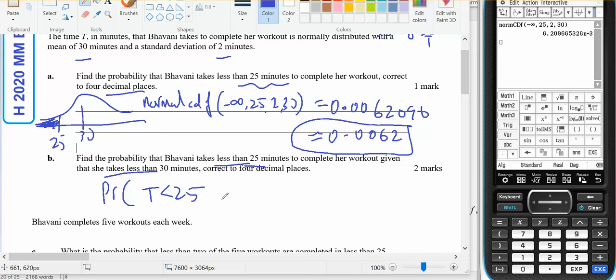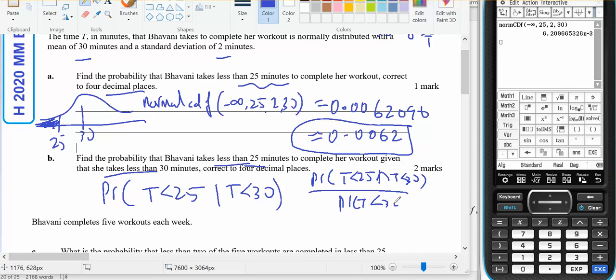Okay, part 2. Find the probability that she takes less than 25, given that she takes less than 30, correct to 4 decimal places. So we have a conditional. So I've got the probability that t is less than 25 intersect t is less than 30, over the probability that t is less than 30.